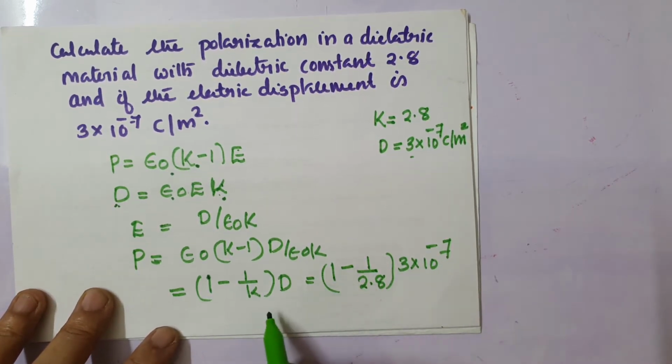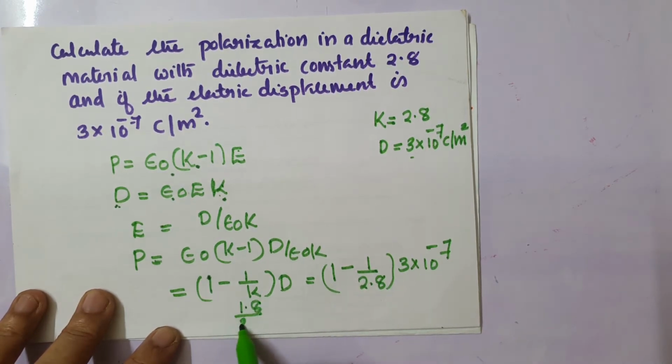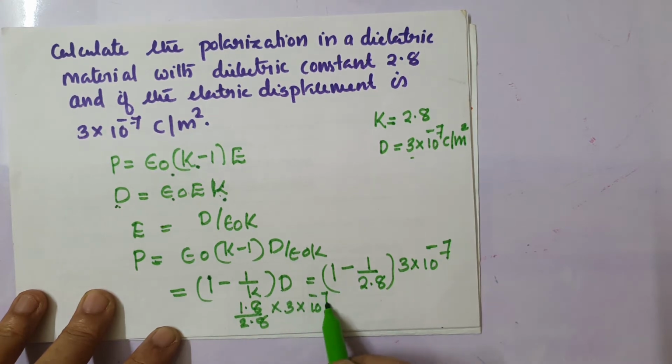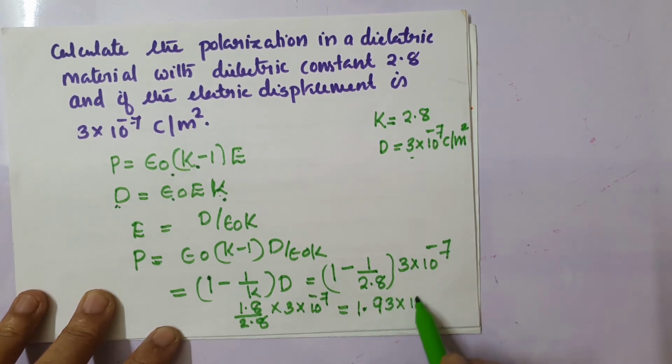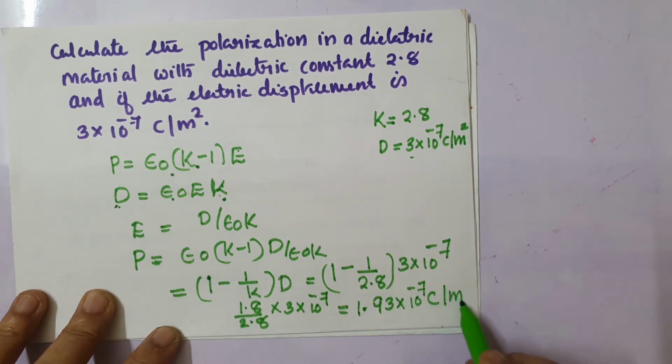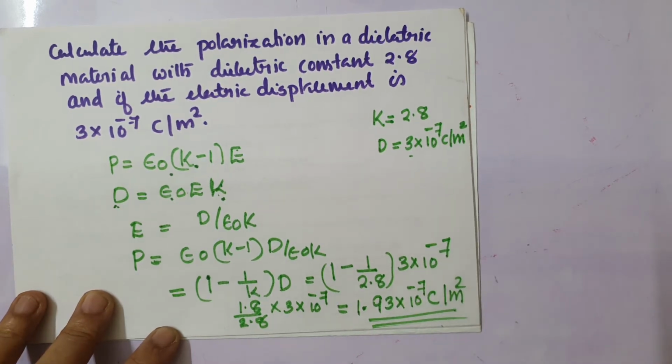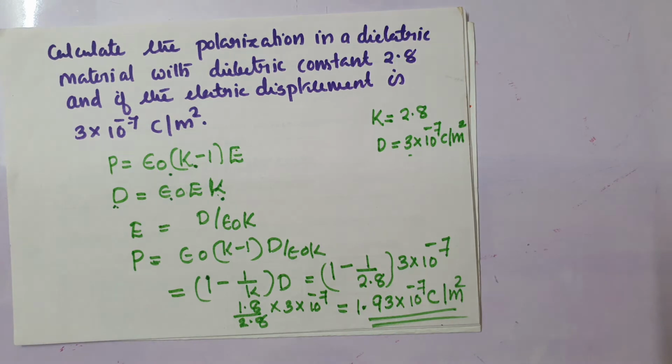That is approximately 1.8 divided by 2.8 into 3 into 10 raised to minus 7, and it is approximately 1.93 into 10 raised to minus 7 coulomb per meter square. This is the polarization in a dielectric material.